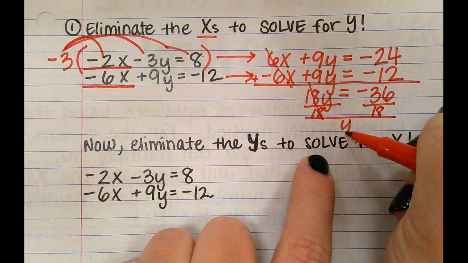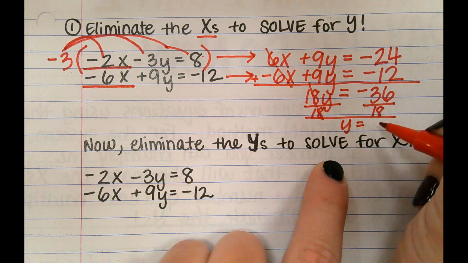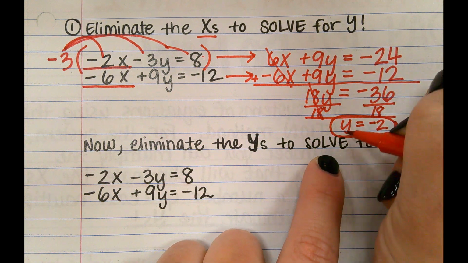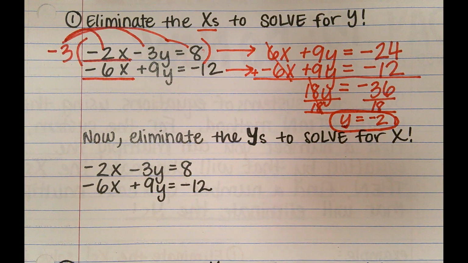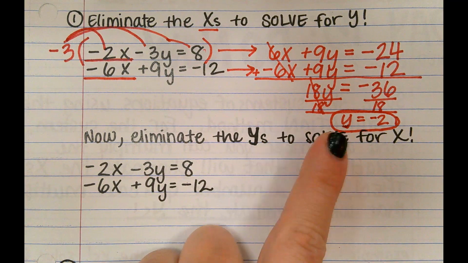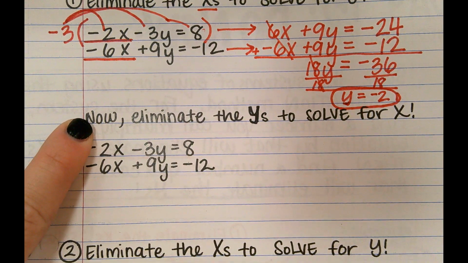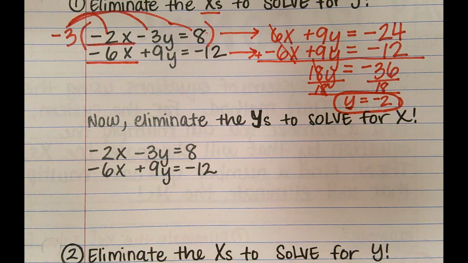And that gives us y equals negative 2. Good. y equals negative 2. Very nice. So we've eliminated the x's. We've solved for y. Now we're going to start over the same system. But this time, let's eliminate the y's.